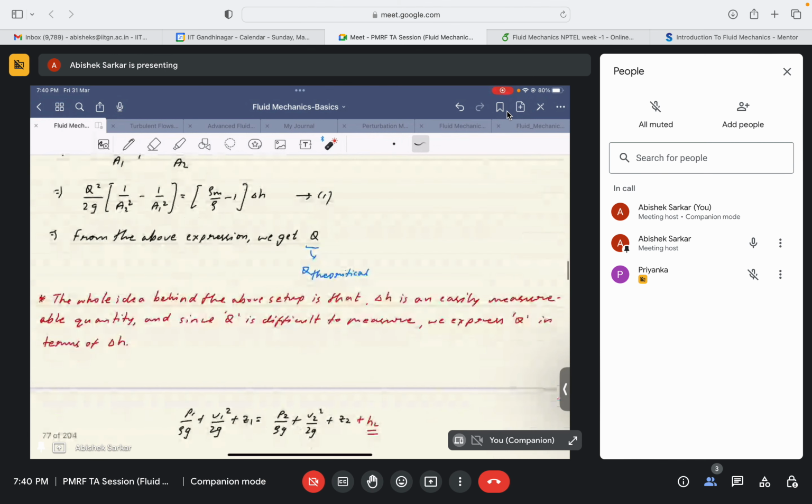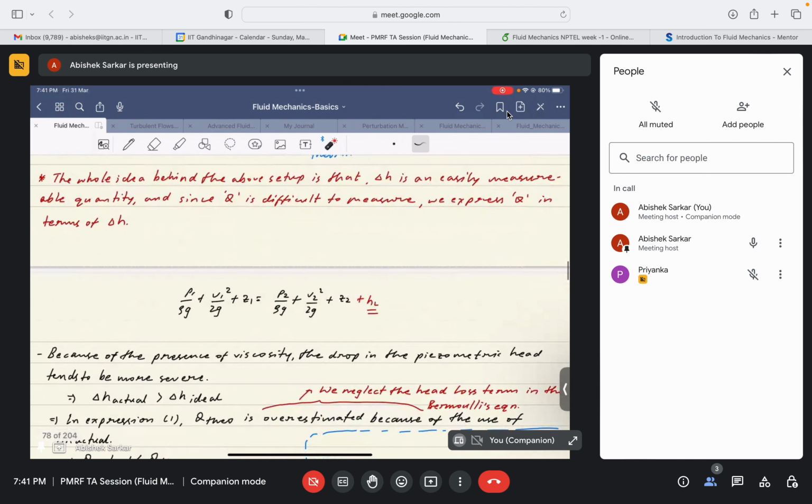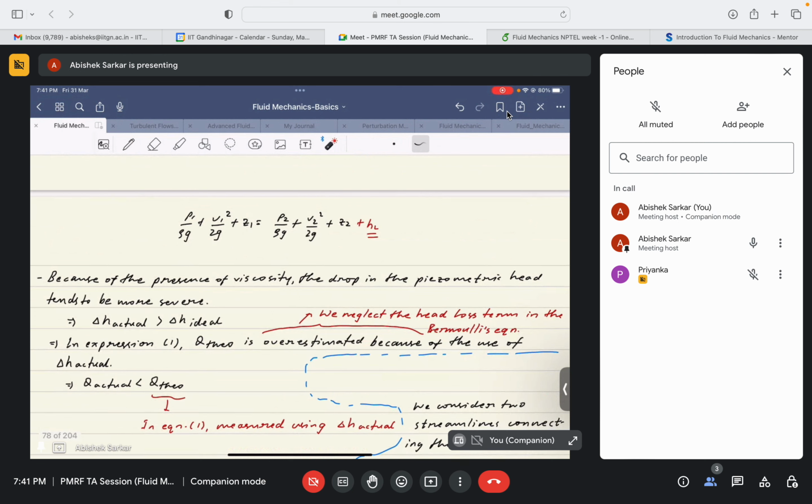But what we are trying to obtain is from the ideal Bernoulli's equation, and we are neglecting this HL term, and that's why to take into account the effect of these head loss terms, we need to take into consideration a coefficient of discharge term, so that we can obtain a mass flow rate that is almost equal to the actual mass flow rate that we obtain. Okay.